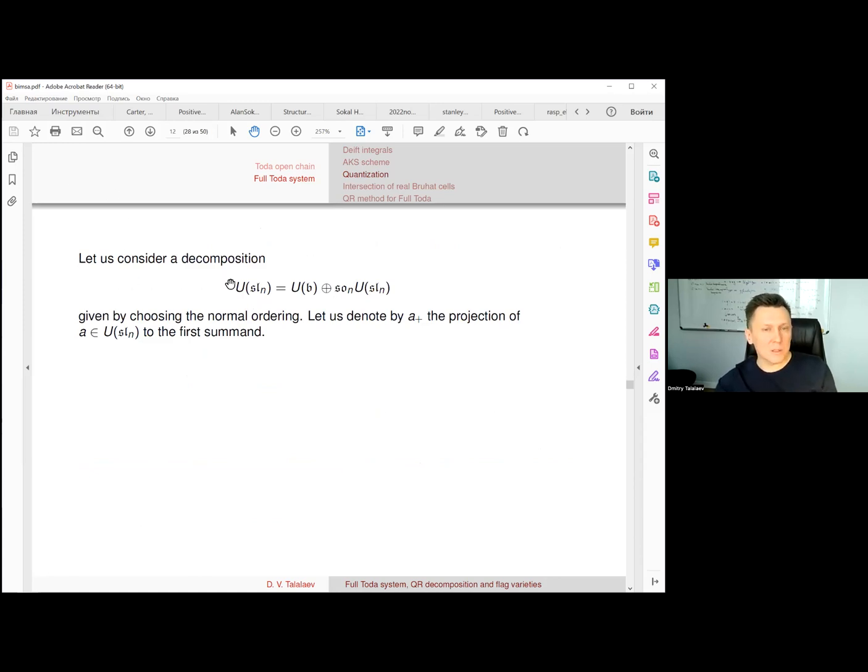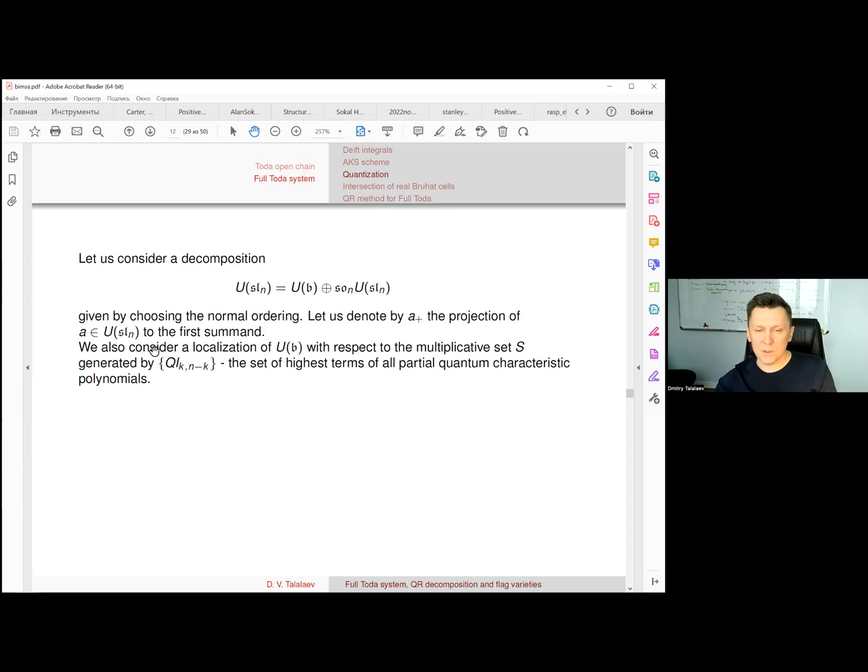We could consider decomposition of the universal enveloping algebra into the sum of some subspaces. We have just to choose some normal ordering to do it, and we consider A plus as a projection of an element A in U, in the universal enveloping algebra, to the first summand.